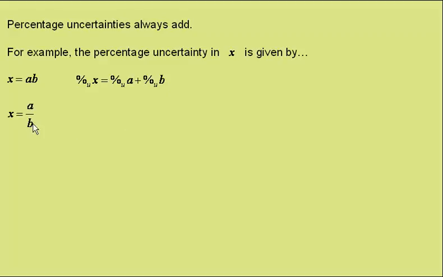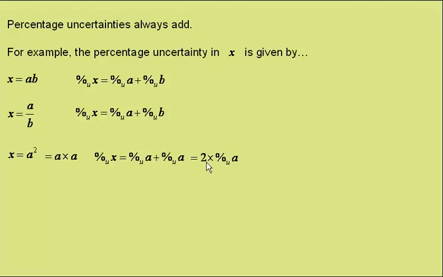Where x is equal to a over b, again the percentage uncertainty in x is given by the percentage uncertainty in a plus the percentage uncertainty in b. If x is equal to a squared, well, this is just another way of writing x is equal to a multiplied by a. So the percentage uncertainty in x is equal to the percentage uncertainty in a plus the percentage uncertainty in a, or alternatively 2 times the percentage uncertainty in a.